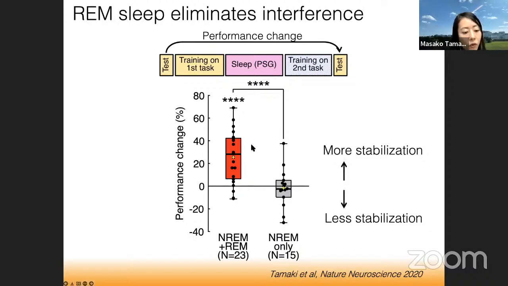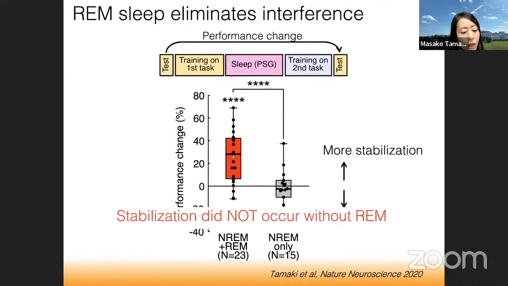For the non-REM and REM group, performance improved significantly after training and sleep, so there was no effect of interference from the second task. But for the non-REM only group, even after training and sleep, there was no improvement after the training on the second task. So this shows that stabilization of learning did not occur without REM sleep.